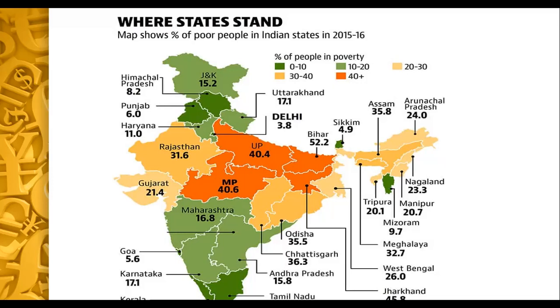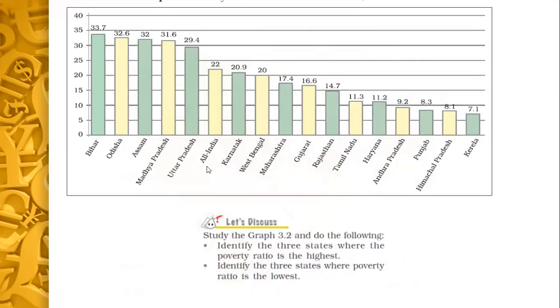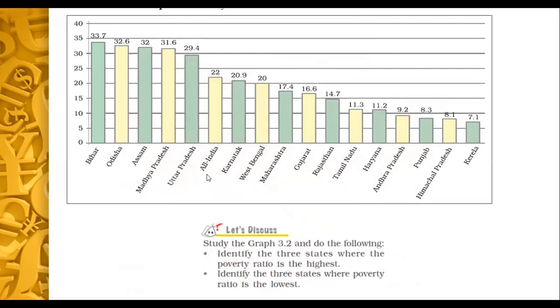As this graph shows, Bihar and Orissa continue to be two of the poorest states of the country, and the poverty ratios are 33.7 and 37.6% respectively.